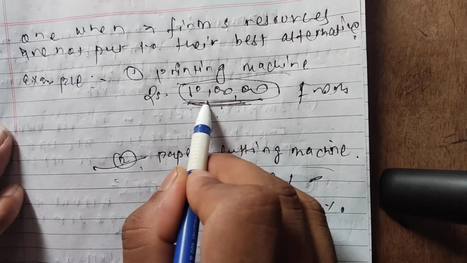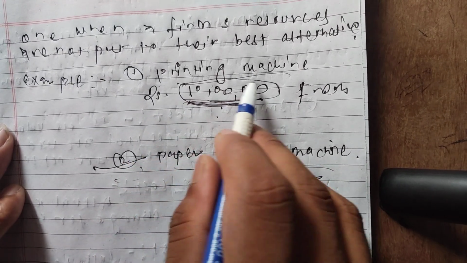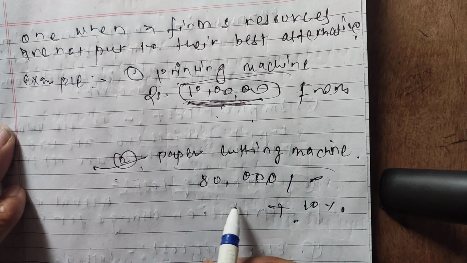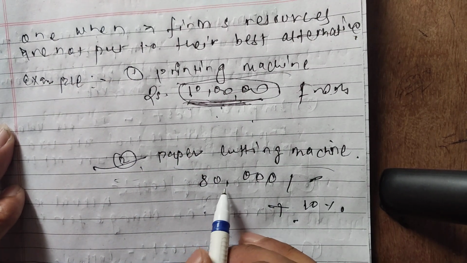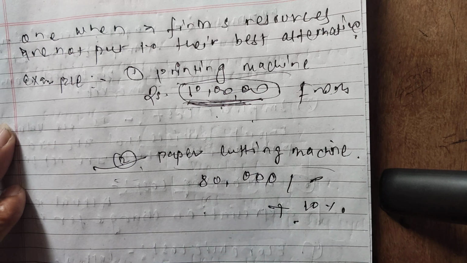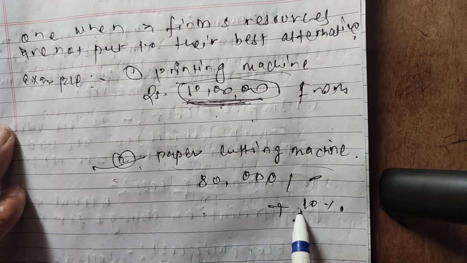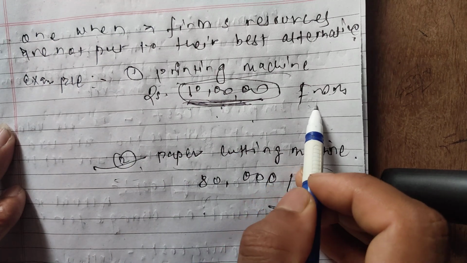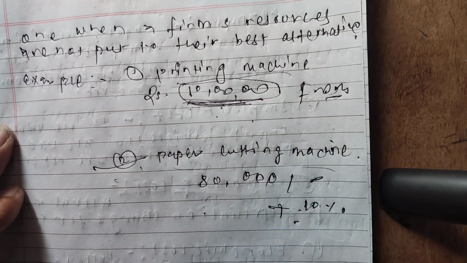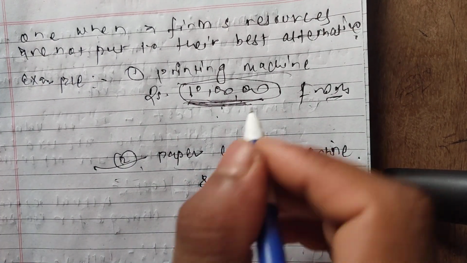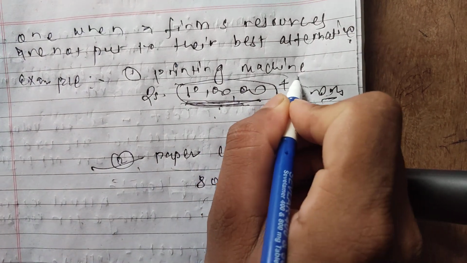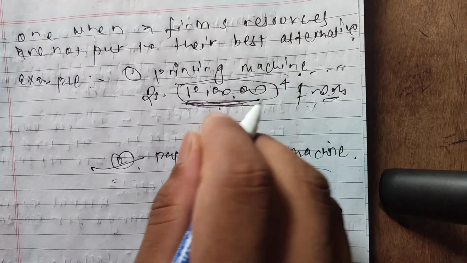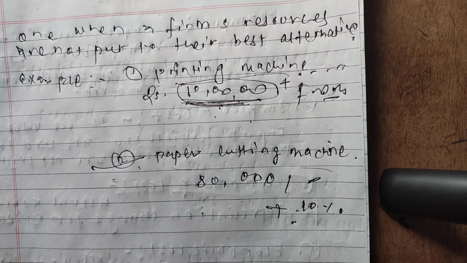I hope you understand. The printing machine's expenses are large, and the paper cutting machine's expenses are 18,000, but it has a 10% greater profit than the first opportunity. That forgone alternative is the opportunity cost.